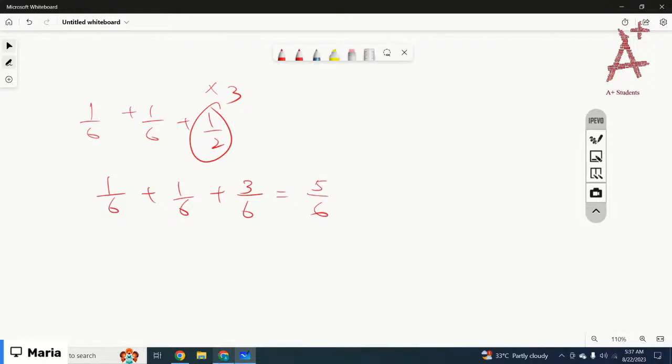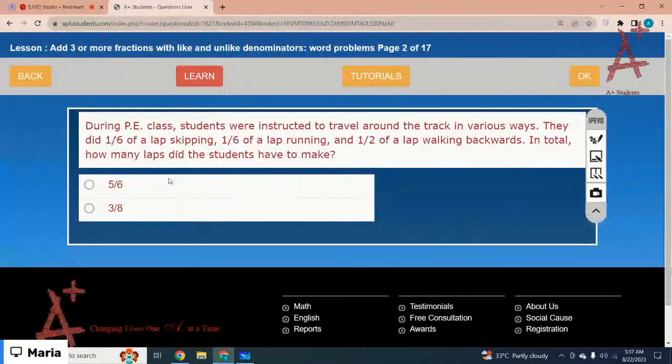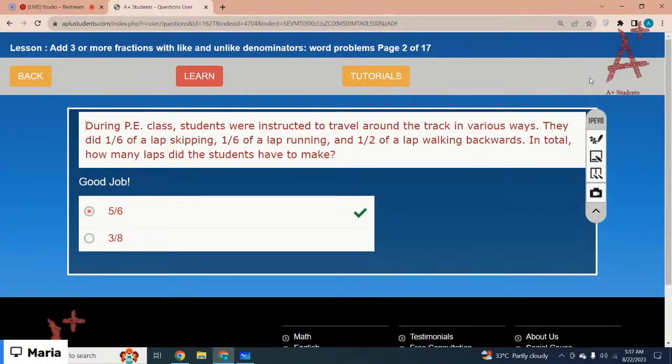The correct option is 5 over 6. That means the total laps the students have to make is 5 over 6.